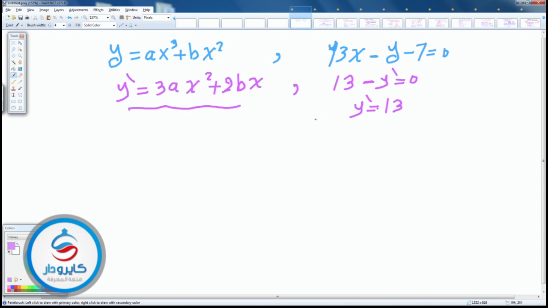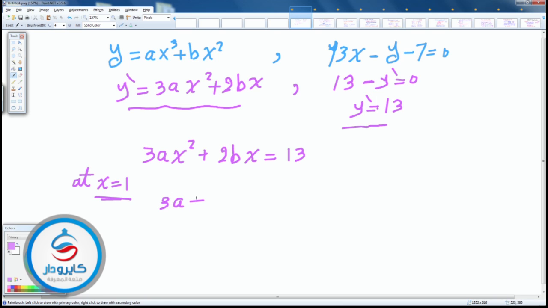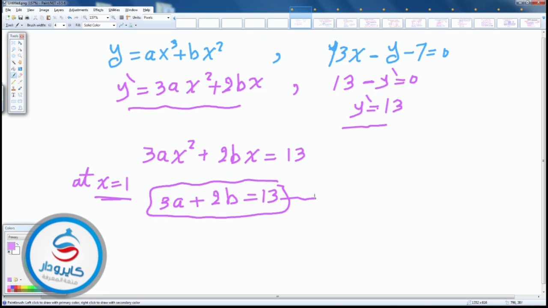By making equality between the two sides, we get 3a x power of 2 plus 2b x equals 13. Substituting at x equals 1, we get 3a plus 2b equals 13, and this will be equation number 2.